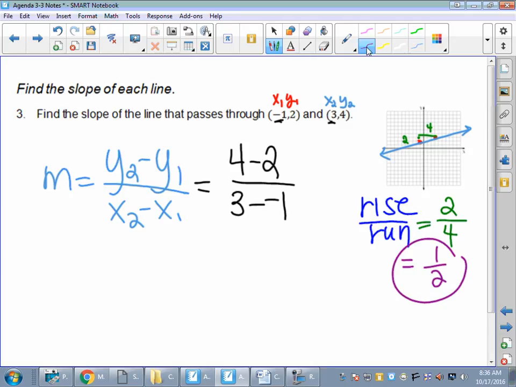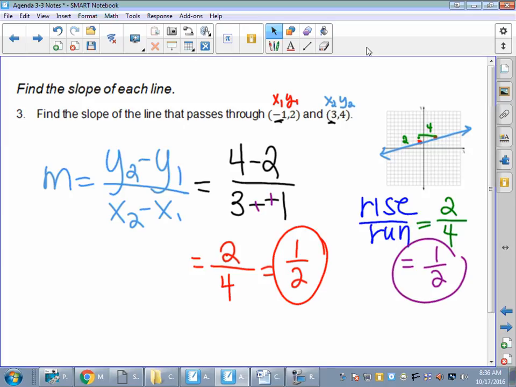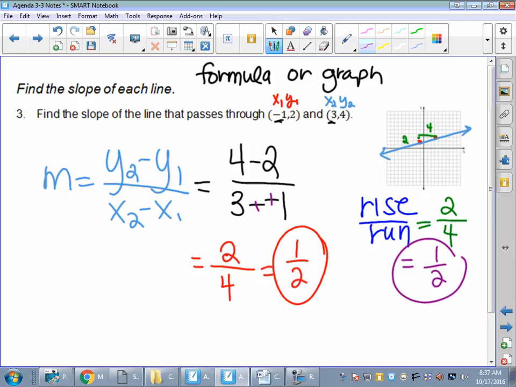Everybody knows what happens to a minus and negative, right? So that gives us a 4 minus 2 is 2, 3 plus 1 is 4. Simplify that to 1/2. So 2 different methods to find that slope. You don't have to do both of them. Either choose the formula or count on the graph. Rise over run.